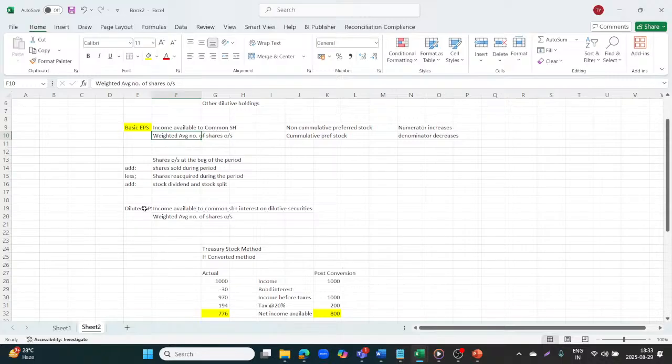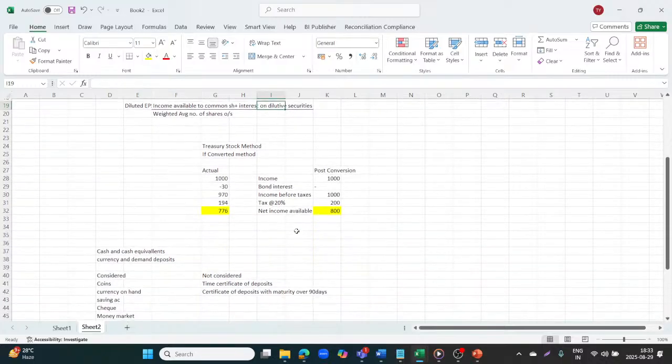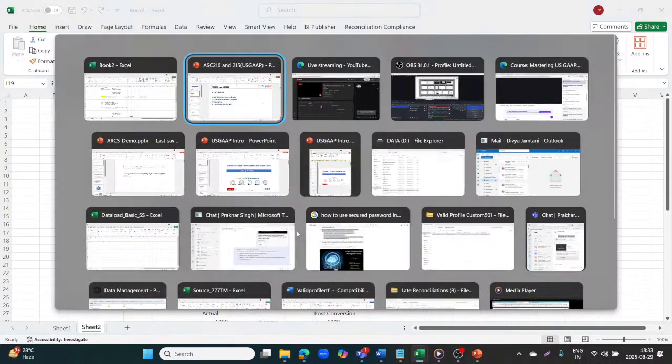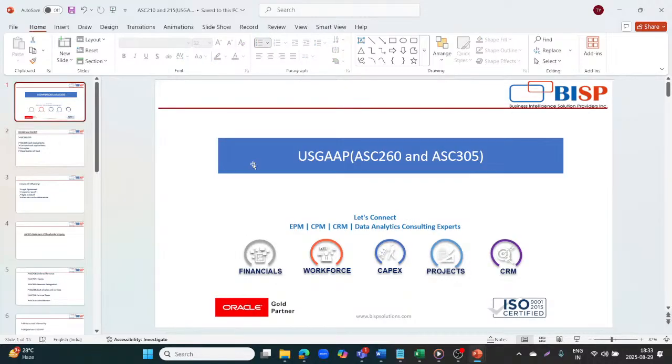If it is diluted EPS, we add back the interest on diluted securities. So this is all for today. We have covered these two, that is 260 and 305 of the Accounting Standards Codification.